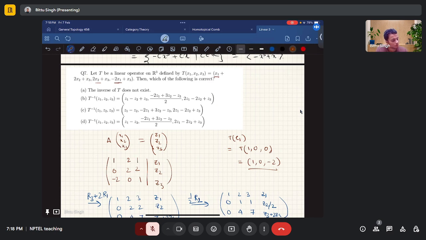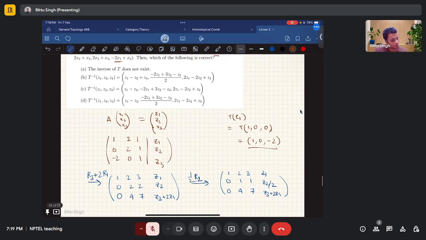Then 0, 2 is okay. Lots of mistakes. This is 0, 2, and the coefficient of x3 is 1 again. So if we correct those, they are actually 1 and 1: 1, 2, 1; 0, 1, minus 2; 0, 1. Okay.